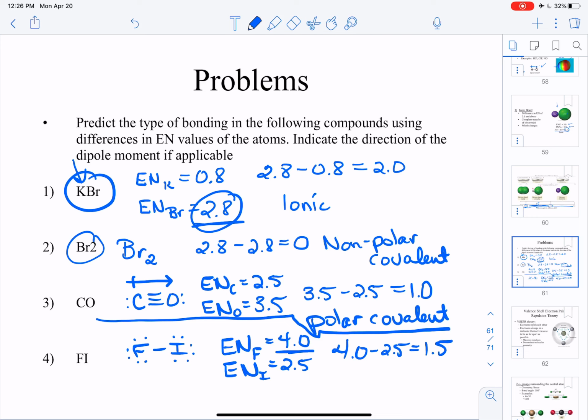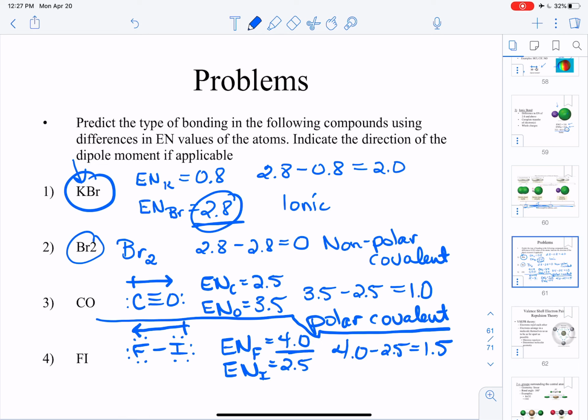Now, which way does the arrow point? Towards the fluorine or towards the iodine? Towards the fluorine, that's right. Because the fluorine is more highly electronegative, so it is better at pulling the electrons towards itself.